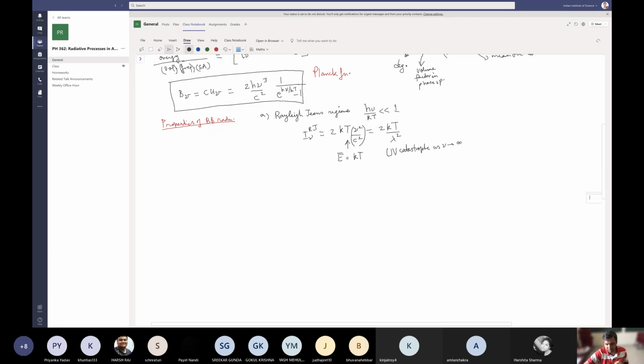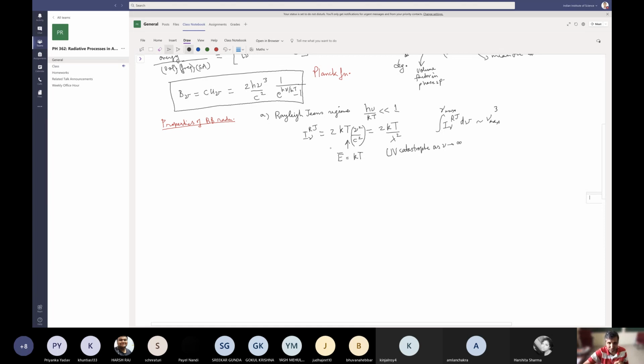Basically the problem is, if you integrate I nu RJ d nu up to nu max, nu squared d nu goes like nu max cubed. So this blows up, and that cannot be physical.